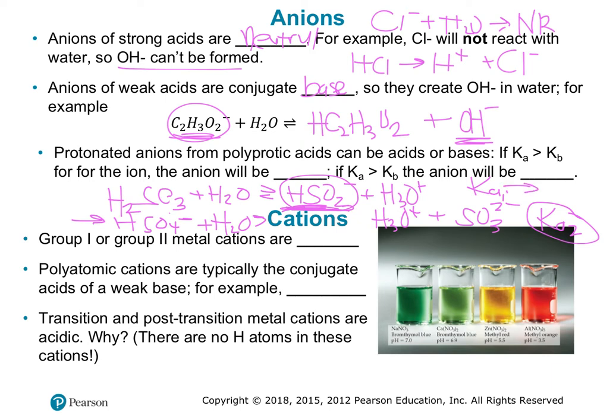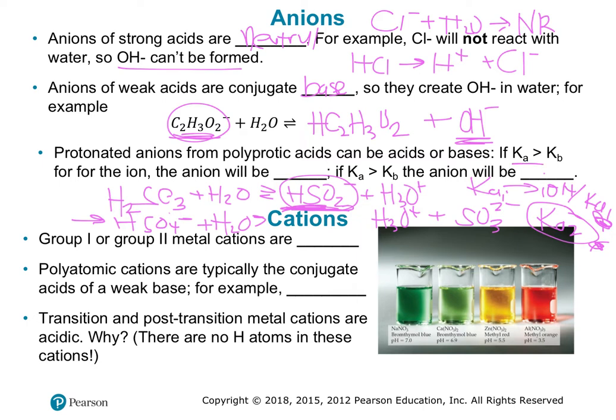So we're going to use this first Ka and we're going to flip it. We're going to do Kw, 10 to the negative 14, divided by our Ka1. And we're going to compare the Kb, this value, to this second value. Whichever one is bigger means that the anion will be that solution.